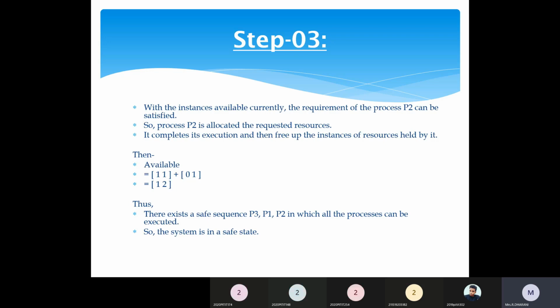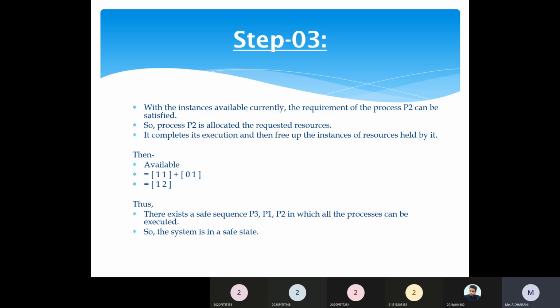Because of process P3, you can allocate resources to P2, and after P2 uses the resources, all of them can be released. Now the current availability is 1 1 plus 0 1, which is 1 2. With 1 and 2, you can even allocate to process P1.